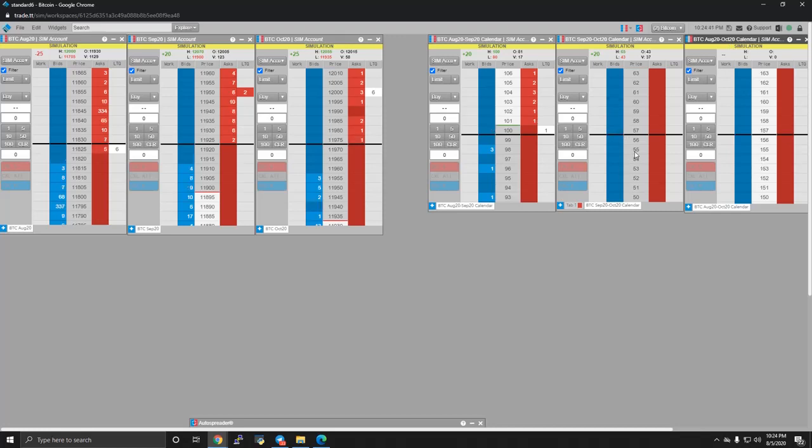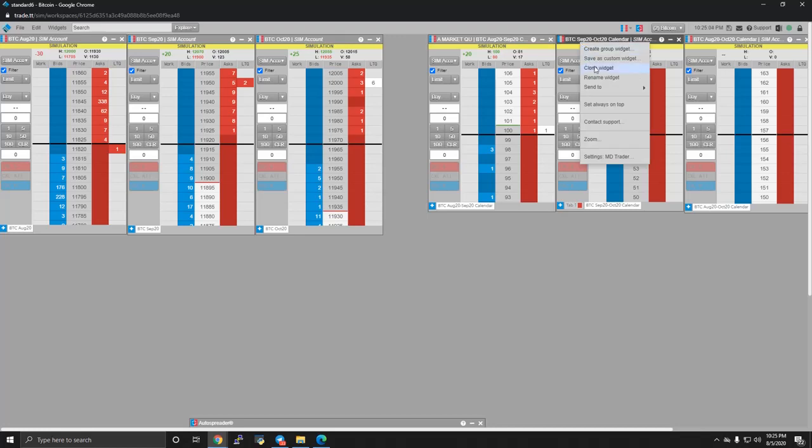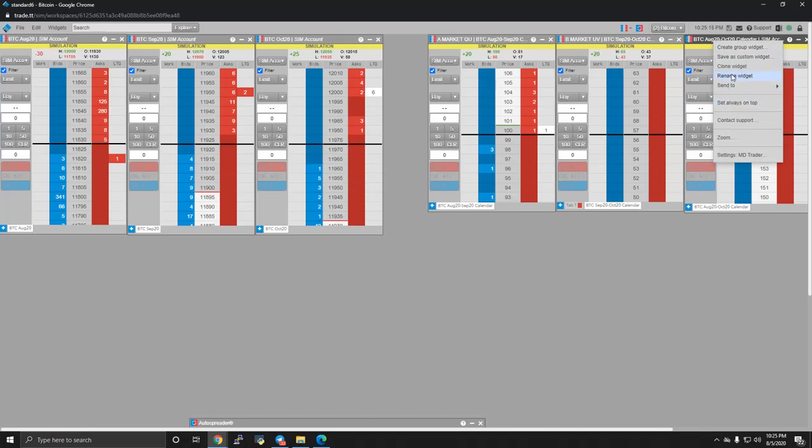As we did in gold back in part 4, we're going to look at the best bid in the A market and the best bid in the B market to come up with our C market. And first we will rename: this will be A market, it's going to be QU, this will be our B market, and that's going to be UV, and this will be our C market, QV.